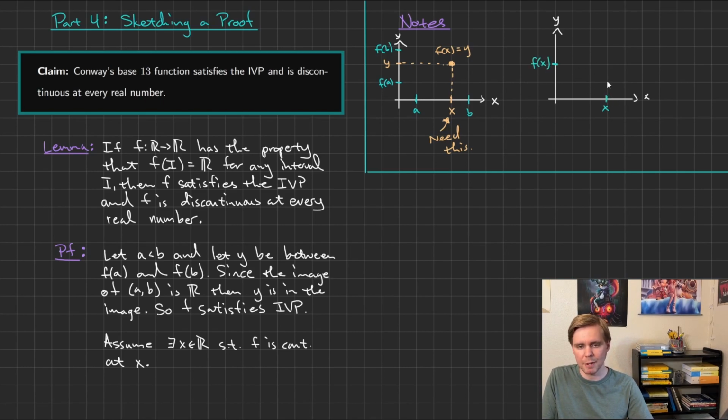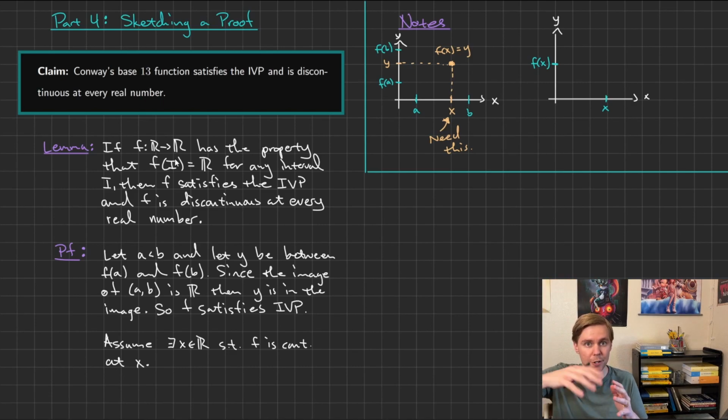Let's say that that's f of x right there. Just looking at this property, though, that we've given this function, I can tell right away that this function cannot be continuous at x. And the reason I say that is because you can think heuristically about what it means for a function to be continuous at a point, right? It means that if you change the input just slightly, the outputs should also change only just slightly, right? But that's not what's happening with a function like this. If I change the input just slightly and take a look at that interval, the set of outputs that I get is all real numbers.